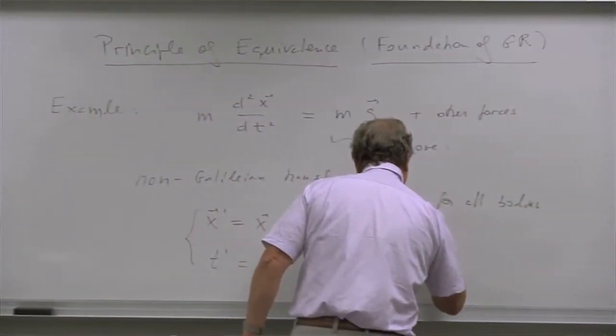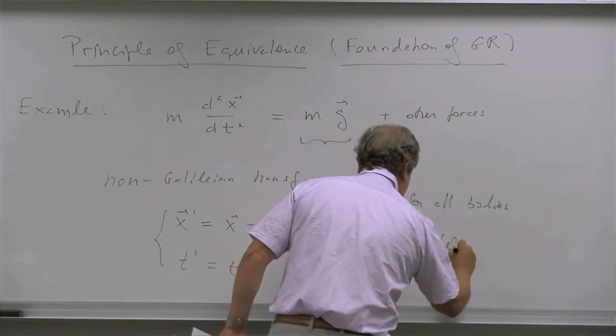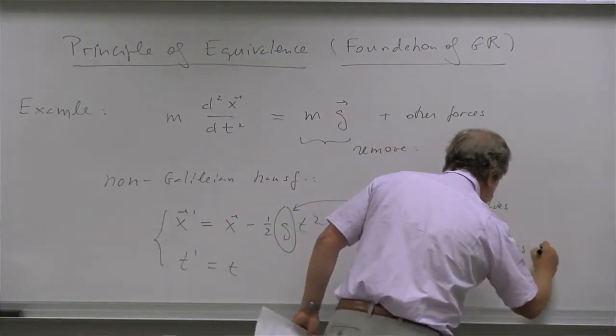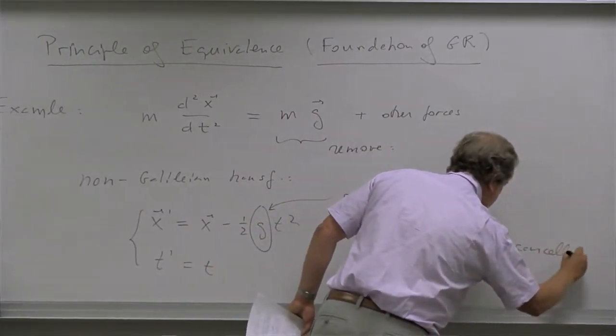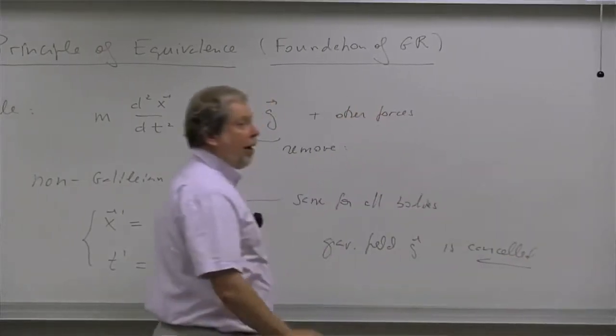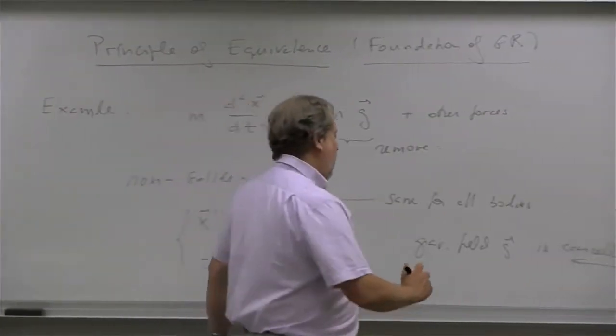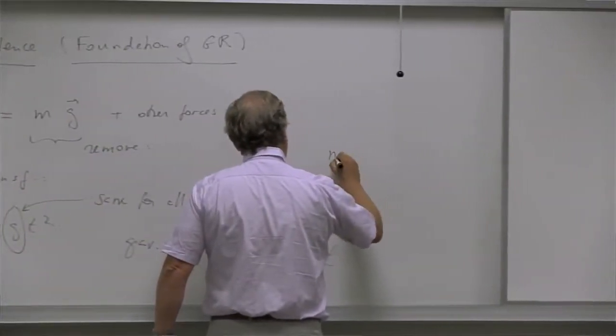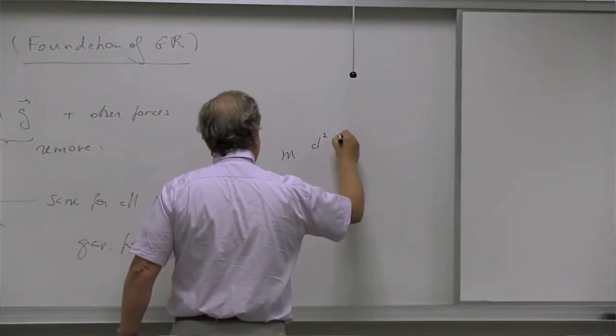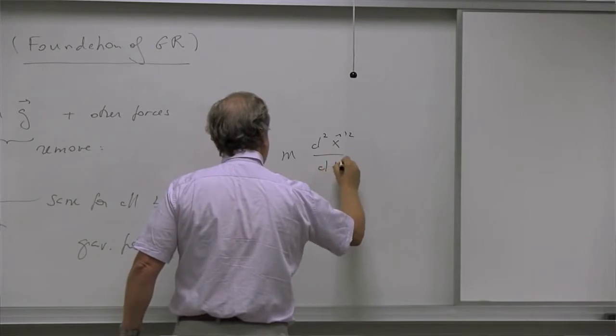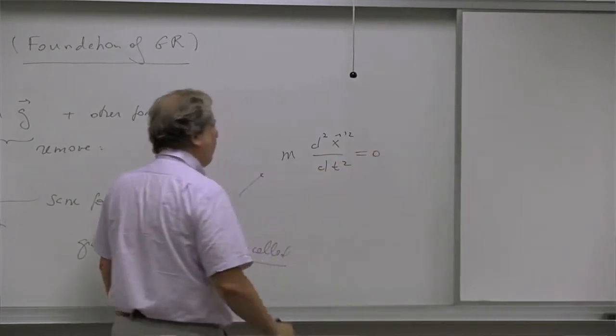So the gravitational field, g, is canceled, right? And as a result of that, we get a new equation, right, which is m times the second derivative of x prime with respect to t squared is equal to 0.